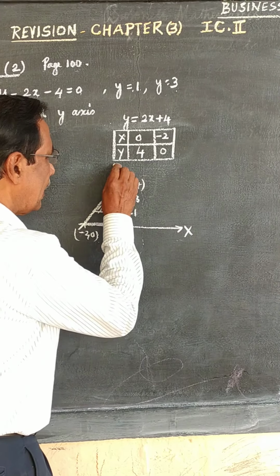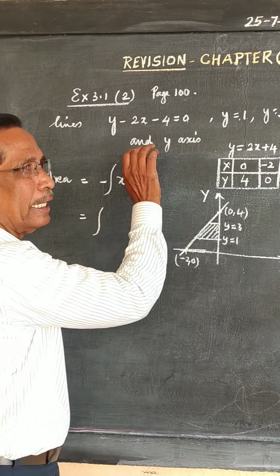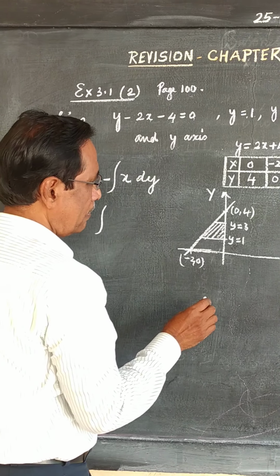So area is equal to integral x dy, but since it lies in this part we have to put a minus sign, and therefore we have to convert this equation in terms of y.